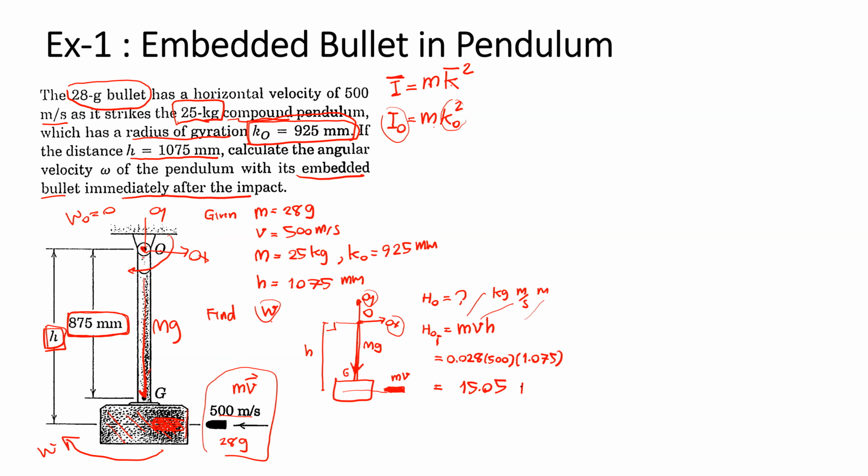So the unit will be kilogram meter squared per sec. Now the direction of this is clockwise. At the initial condition, before the impact of the bullet, we have the angular momentum about point O obtained by the linear momentum magnitude multiplied by the orthogonal distance.